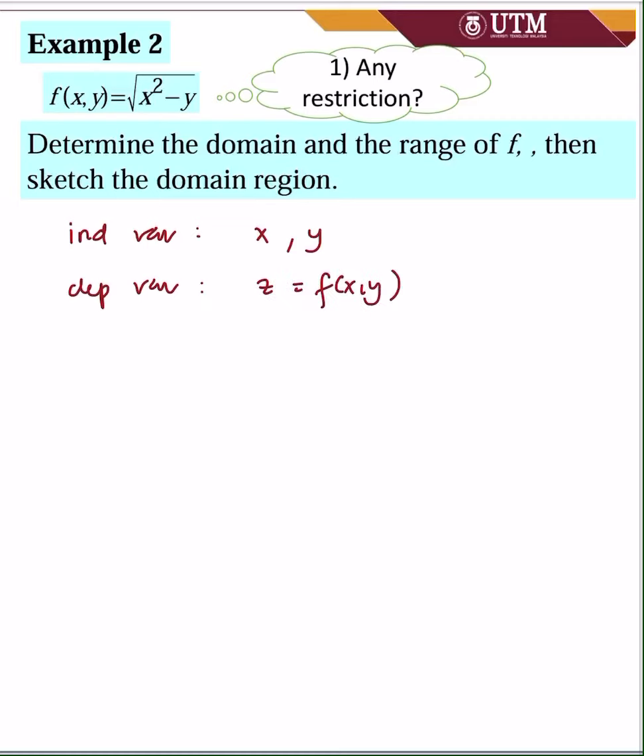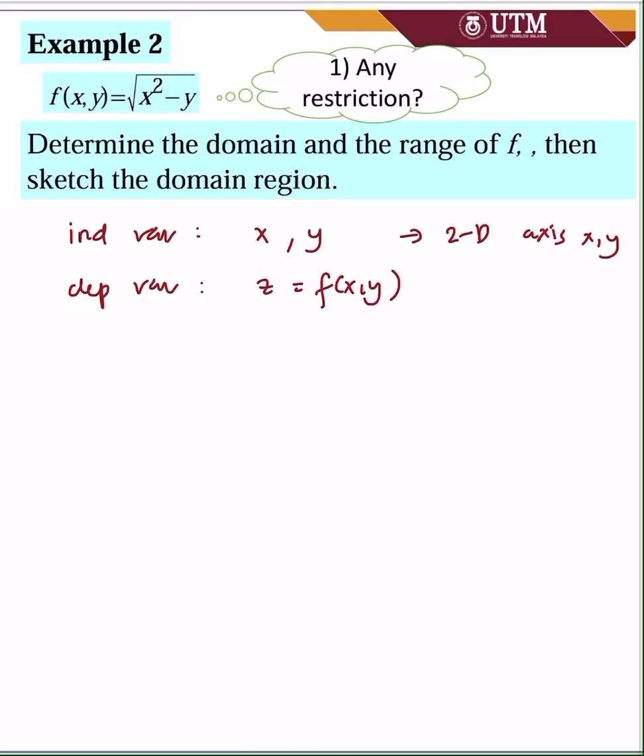Since we have two independent variables, we will have two axes, so basically it's 2D, with axes x and y. Is there any restriction for the function? Yes, of course.